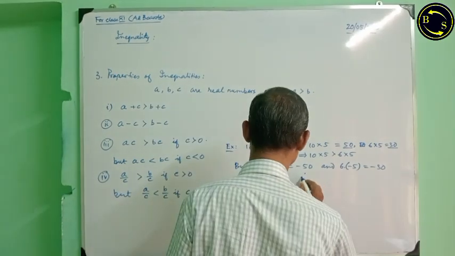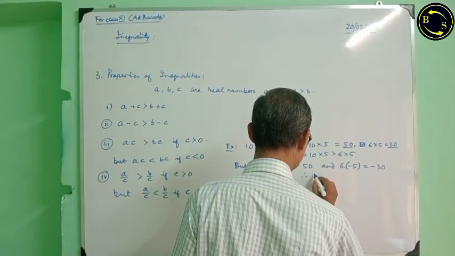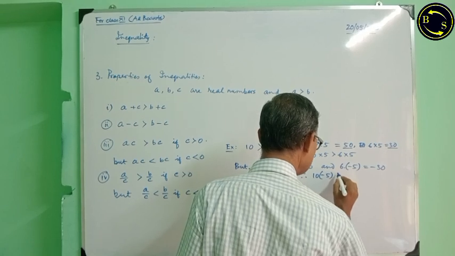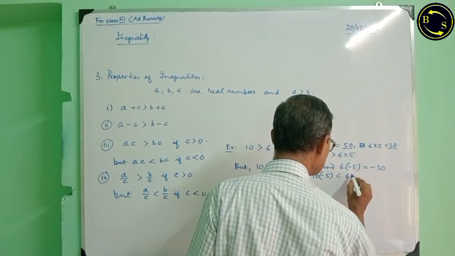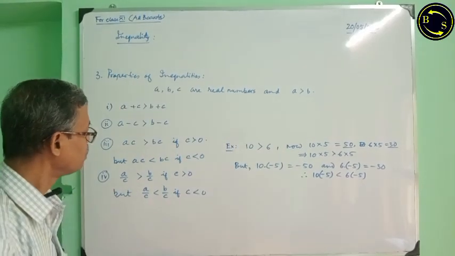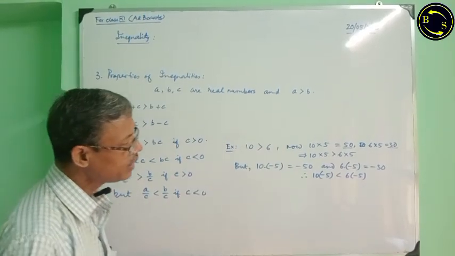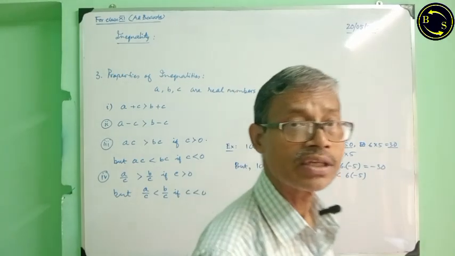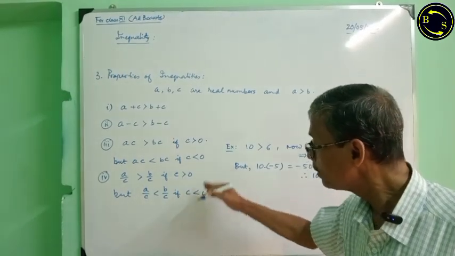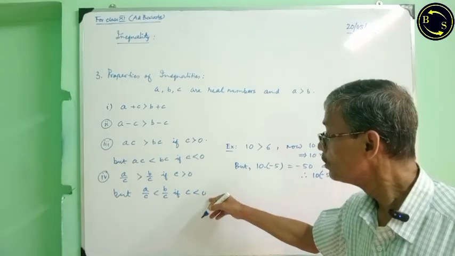Therefore, 10 into minus 5 is less than 6 into minus 5. Therefore, in this case, the inequality relation is reversed. Similarly, we can verify for these two also.